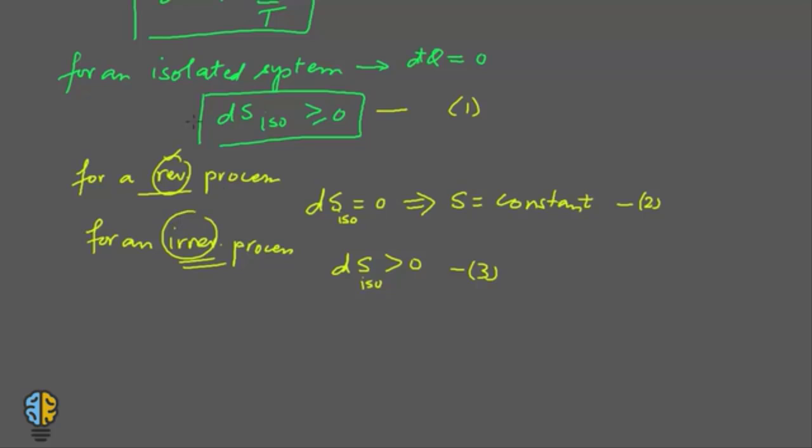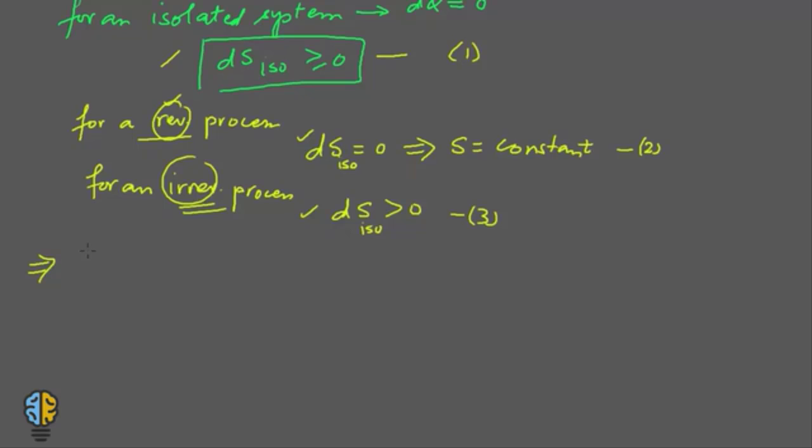So if you combine equation 1, equation 2 and equation 3, you can say that the entropy of an isolated system can never decrease and it will always increase and remain constant only when the process is reversible or irreversible.